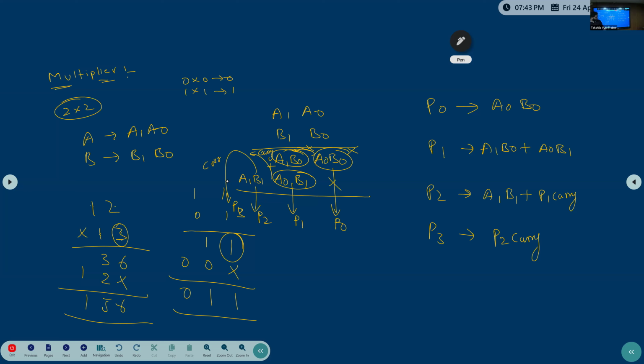Are you doing logical addition or binary addition here? What is the difference between logical addition and binary addition? Recall, I already told. This is the trap.